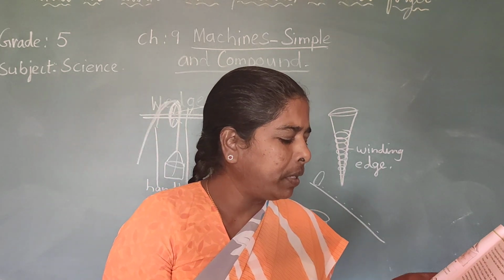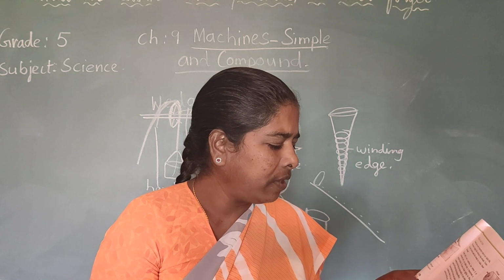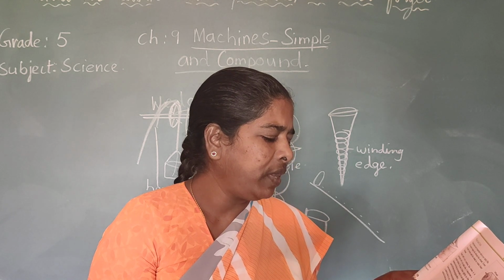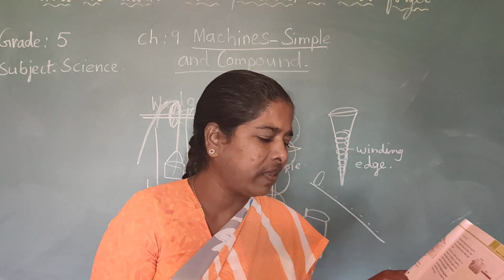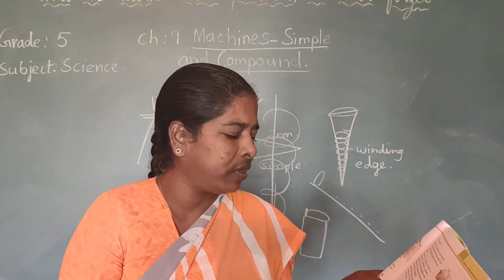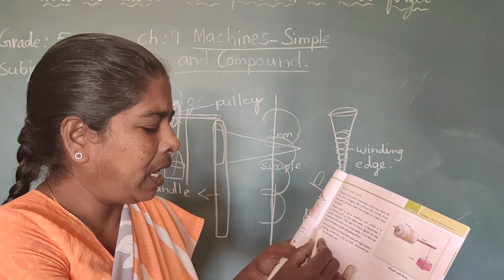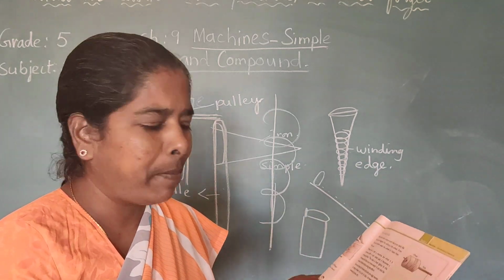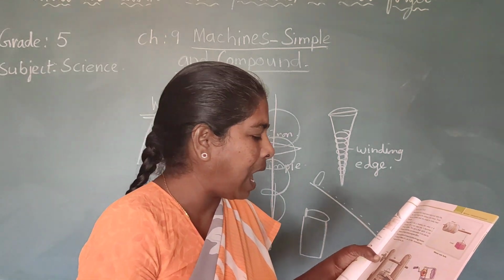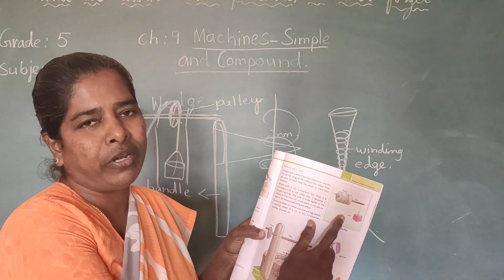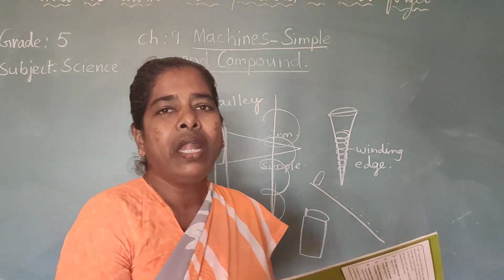Some examples of wheel and axle are an egg beater, the steering wheel of a car or bus, a screwdriver, watches, bicycles, etc. We can see this type of arrangement in an egg beater, car and bus steering, screwdrivers, watches, and bicycles, children. Without the wheel our life is very difficult.